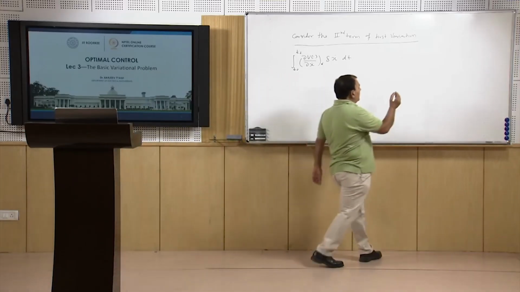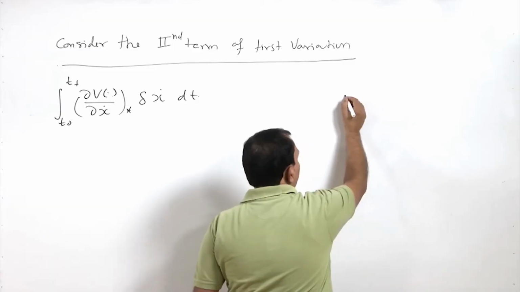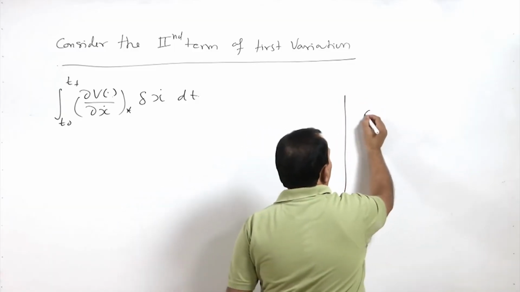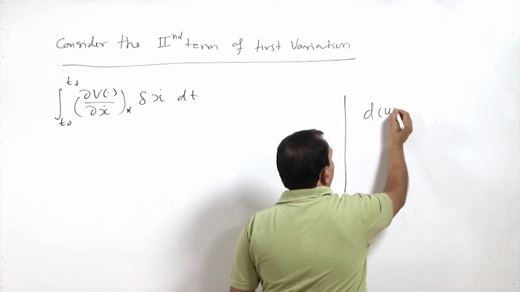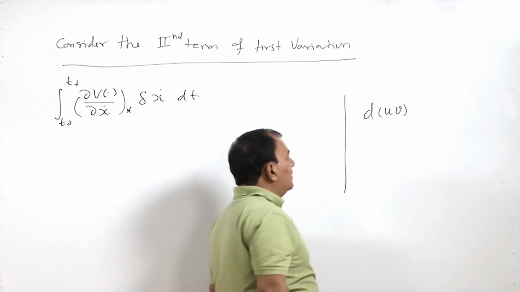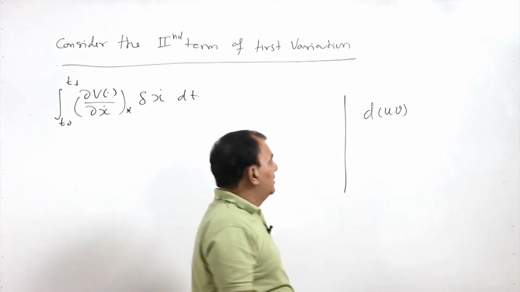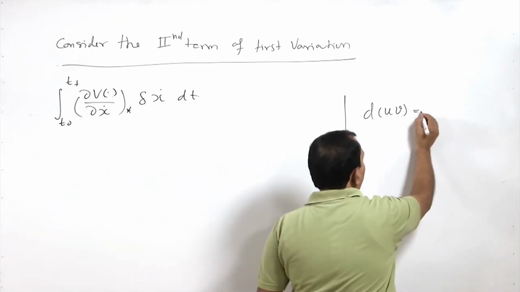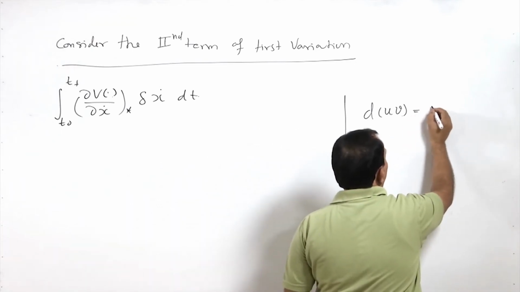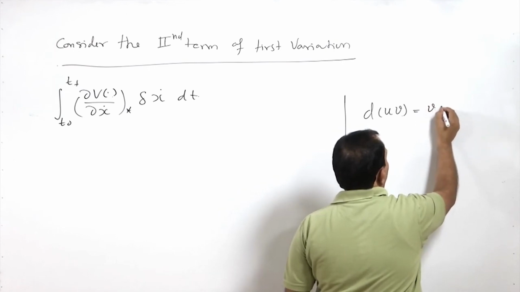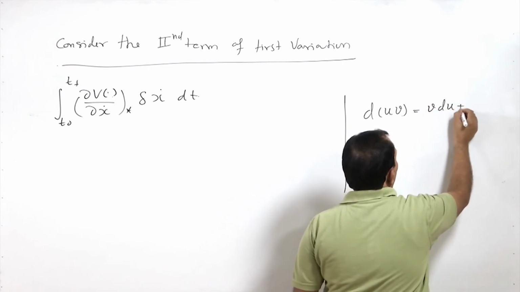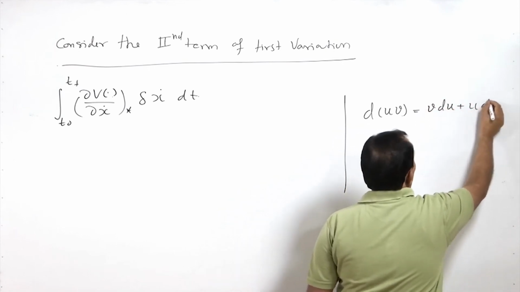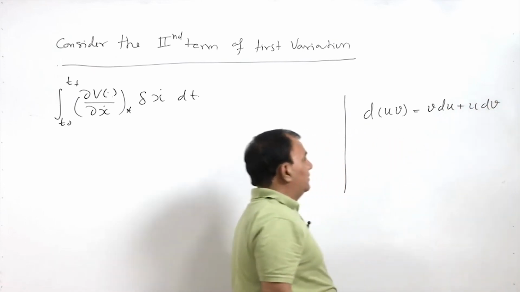So, we are using d of uv, which is nothing but v du plus u dv.